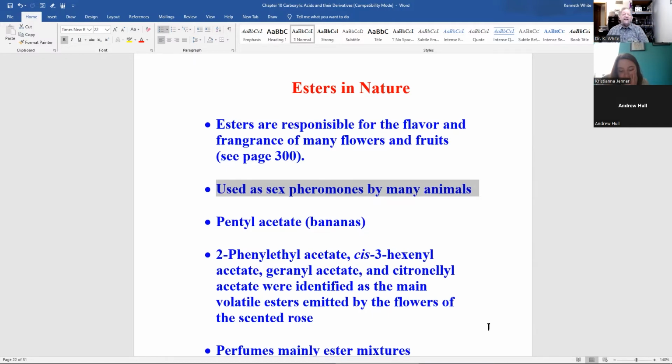Well, for many eons, people, including scientists, have been trying to find out, is there a human sex pheromone? And the answer is so far, no. Every once in a while, you hear a story on the radio or TV. The last good one I heard was some scientist at some university who said, oh, we found the sex pheromone for humans, and that's male sweat, and that attracts females.